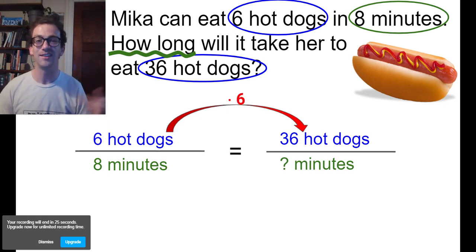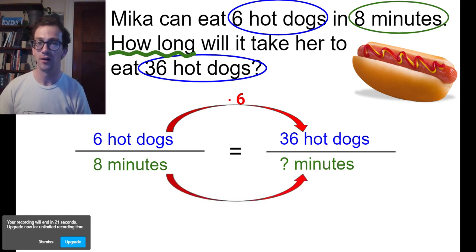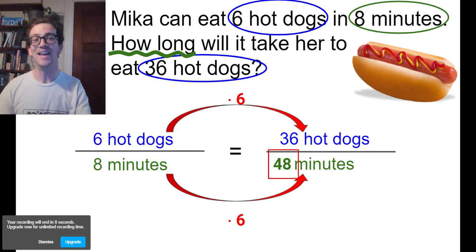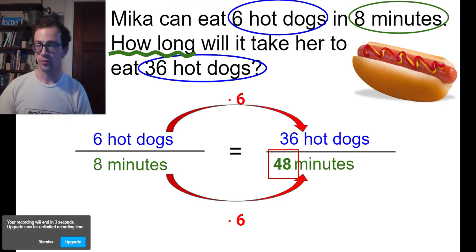So that ratio is getting 6 times bigger. I'm going to need to do the same exact thing to the denominator. So I'm going to find 8 times 6 again is going to tell me the number of minutes. 8 times 6 equals 48. So I know that she can eat 36 hot dogs in 48 minutes. And I just solved that through a proportion.